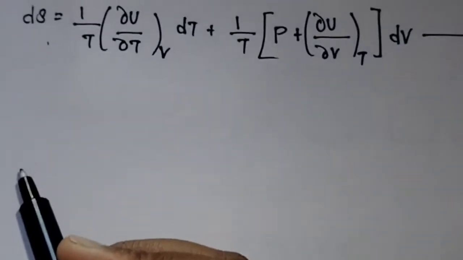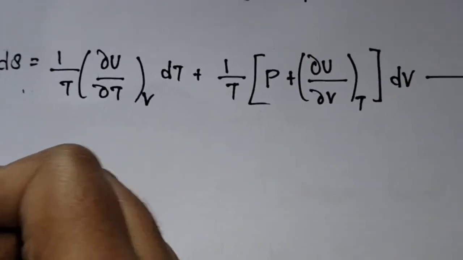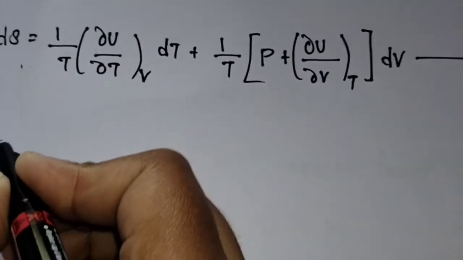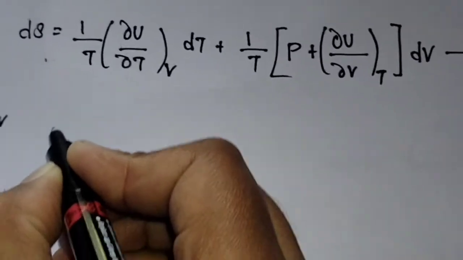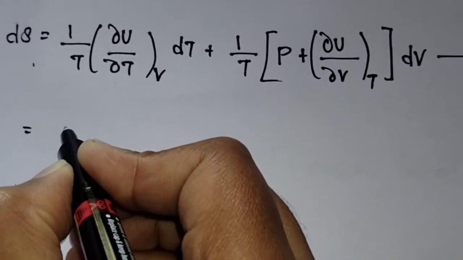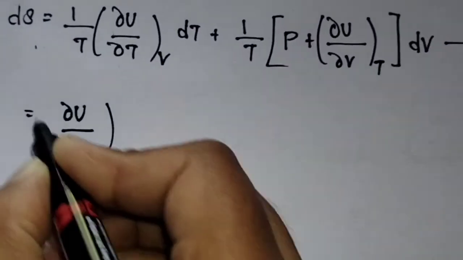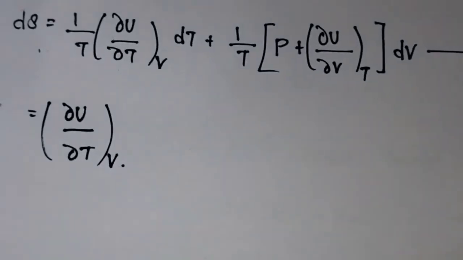Now we know what heat capacity is. Heat capacity at constant volume, CV, is equal to dou U upon dou T at constant volume.